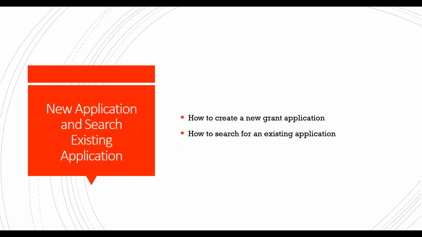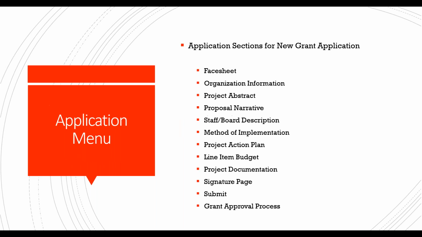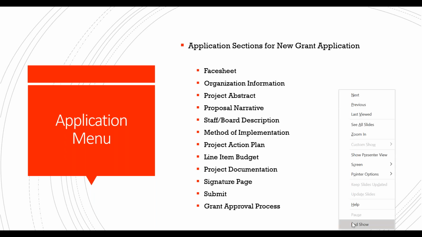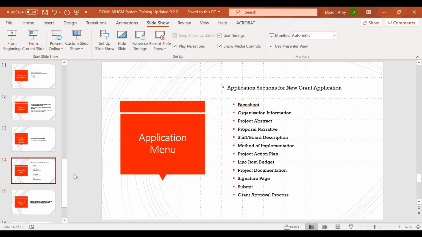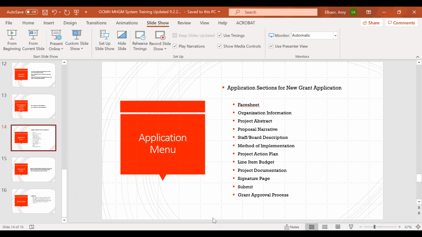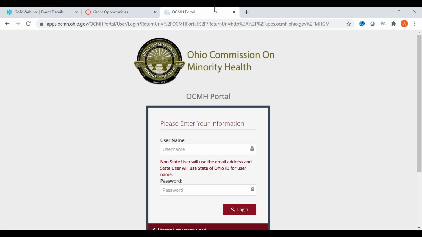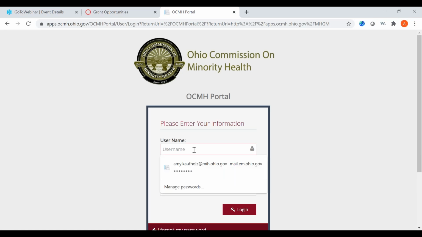So now I will show you how to sign in, how to create a new grant application, and how to search for an existing application. So I'm at the sign in page.